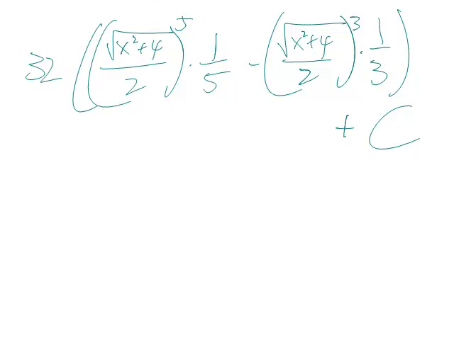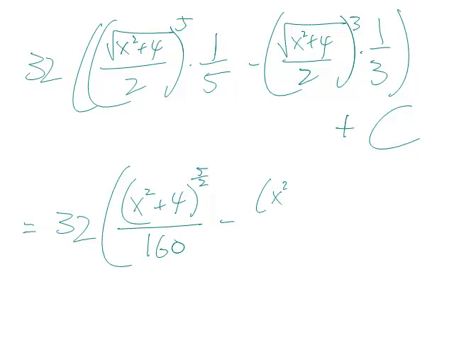And so one last thing that I'm going to do to simplify this is just to do 32 times x squared plus 4 to the 5 halves. 2 to the fifth, I believe, is 32. And 32 times 5. I could just multiply the 32 through, but I'll leave it out there for now. 32 times 5 is 160.